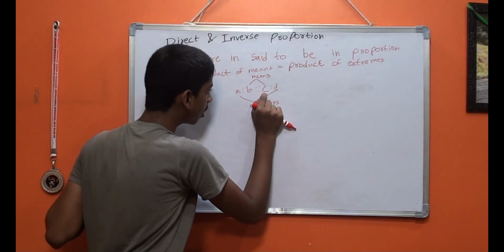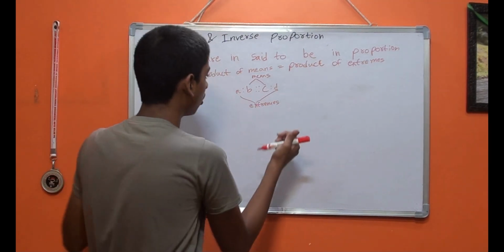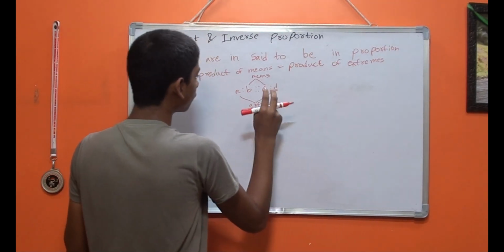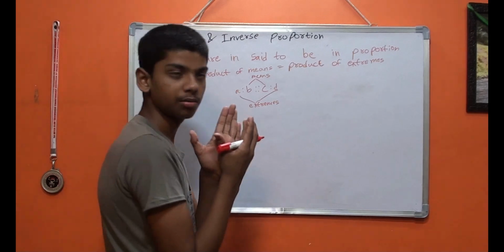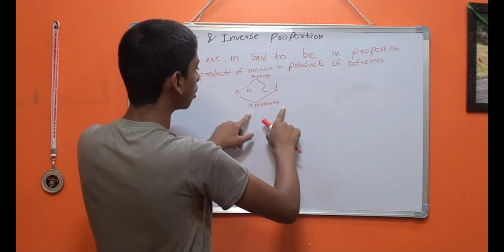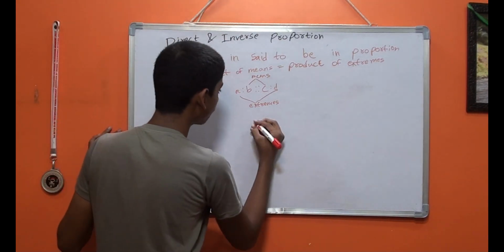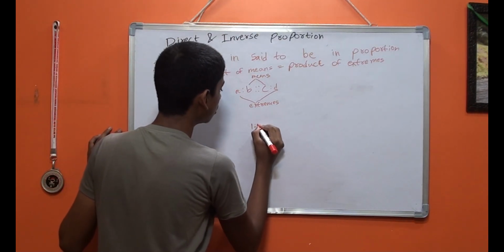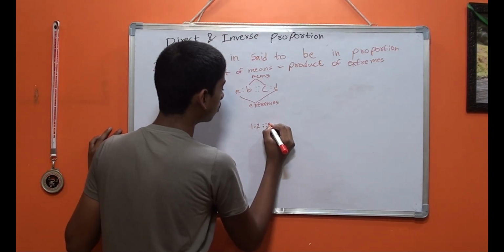The means are B and C, the inner words, which are towards the middle. These two, A and D, are towards the edge, and they are the extremes.